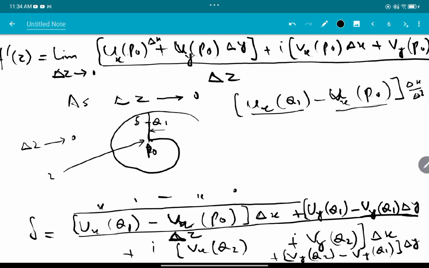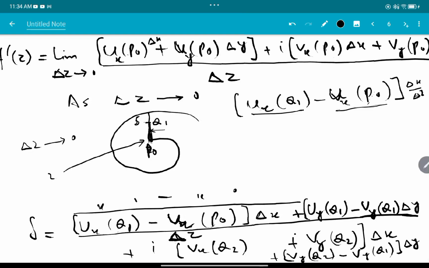This 5 will approach 2 provided the function is defined everywhere. If a function is continuous between two values, then it passes through all the values between them. If it is not continuous, then no one can guarantee this. This quantity will definitely approach 0 if ux is continuous from this to this.